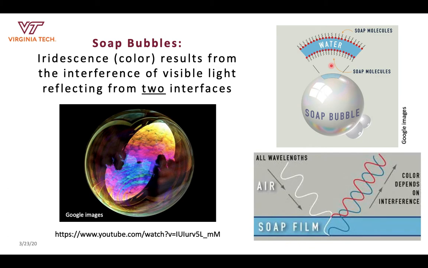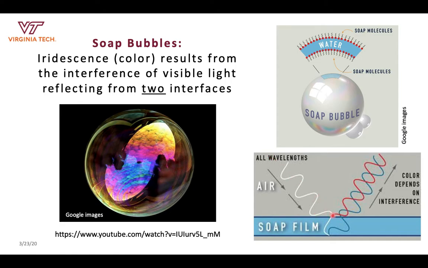Okay. So the color that we see coming from iridescent soap bubbles has to do with light reflecting and ultimately interfering from those two interfaces. So in this simple schematic here, again showing the soap film with those two interfaces surrounded by air on both sides, what it's illustrating is a ray or a wave coming in and potentially reflecting off of these two interfaces.